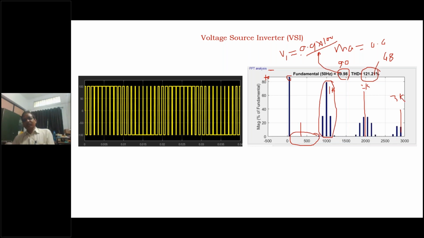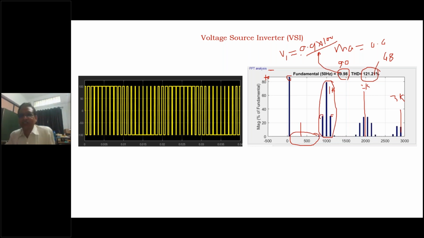Your switching frequency is an odd multiple: at 1K, at 3K, at 5K, at 7K, you will get the harmonics. At first, there is a band of harmonics, two harmonics here.